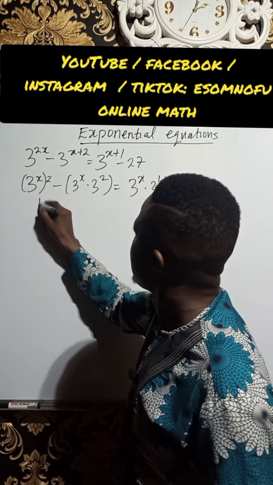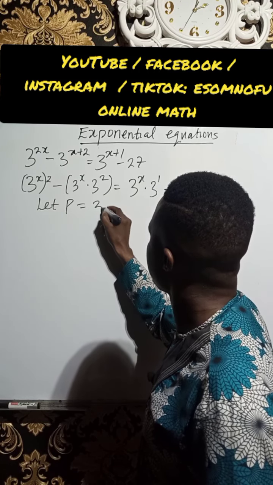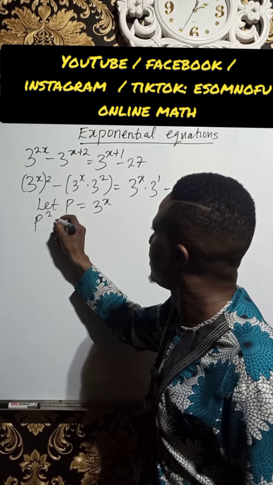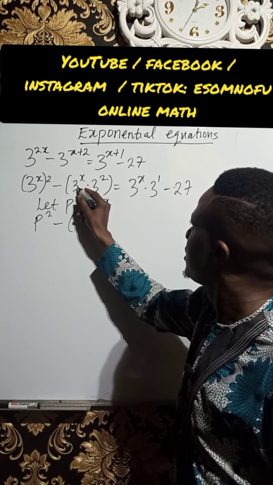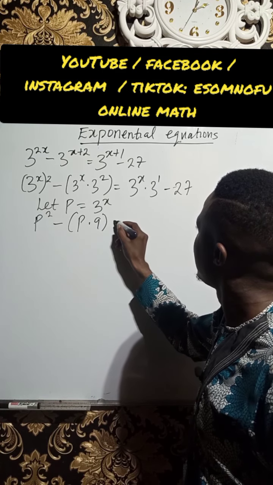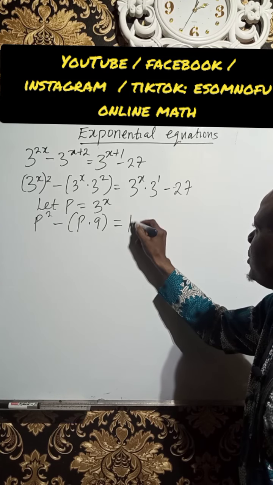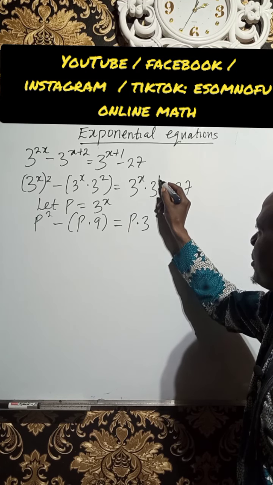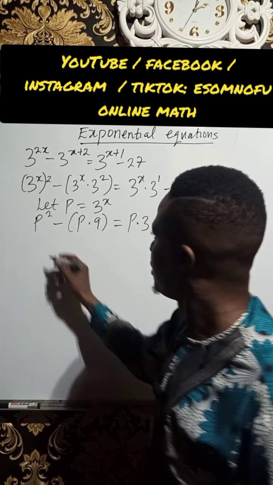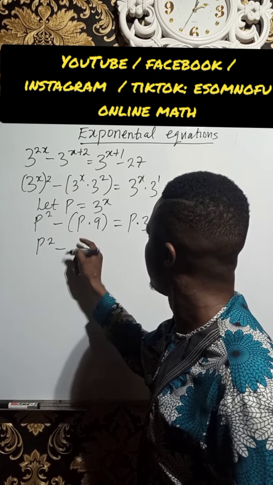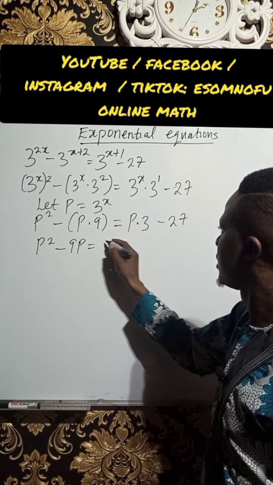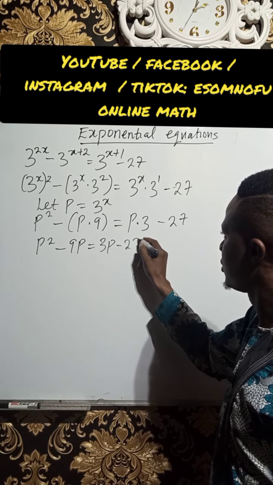Now you can say let p represent 3 power of x, so that here we shall have p squared, minus 3 power of x, which I will call p, times 3 squared is 9, equals p times 3, because 3 power of 1 is still 3, then minus 27. This is now p squared minus p times 9 is 9p, equals p times 3 is 3p, then minus 27.